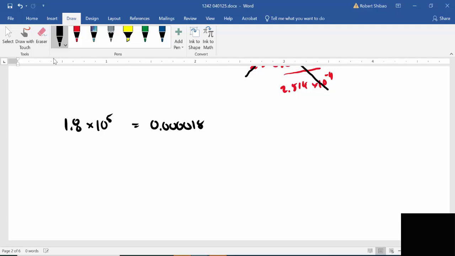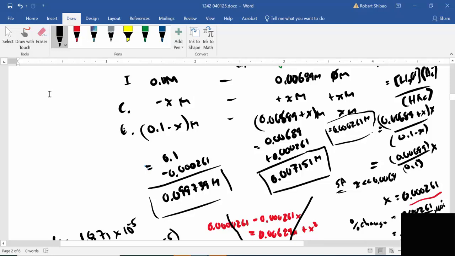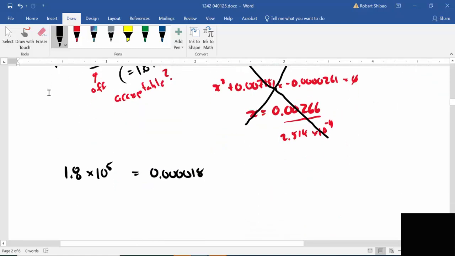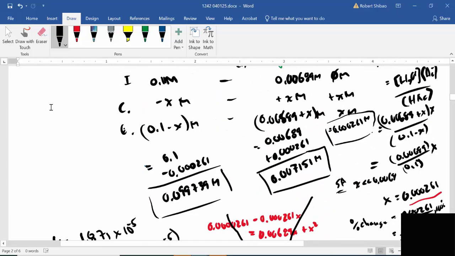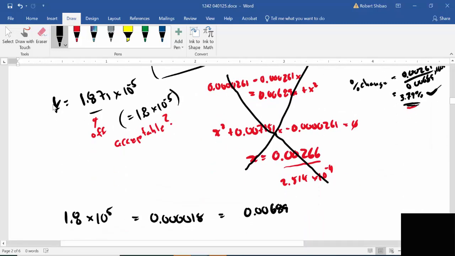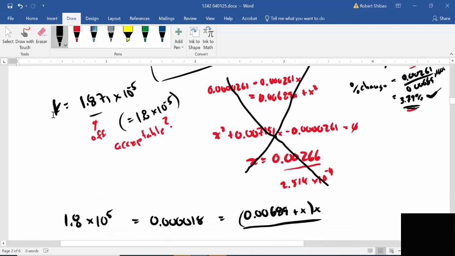This is equal to 0.00689 plus x times x, divided by 0.1 minus x.